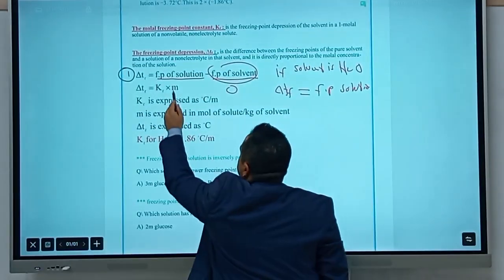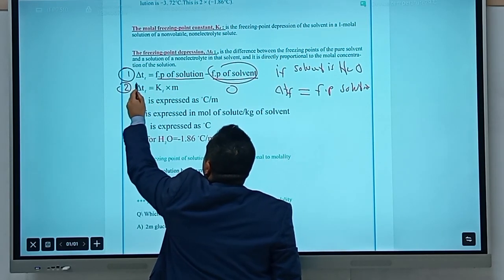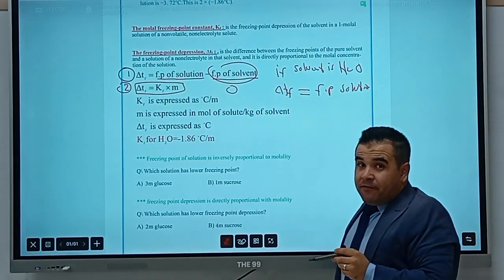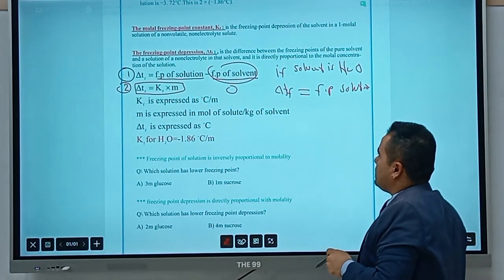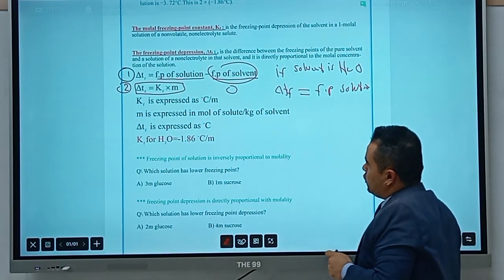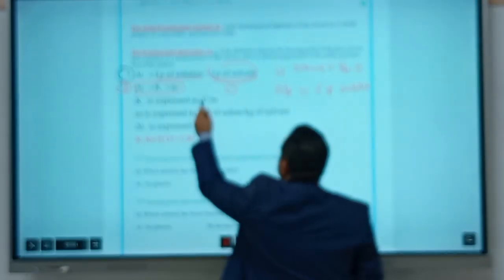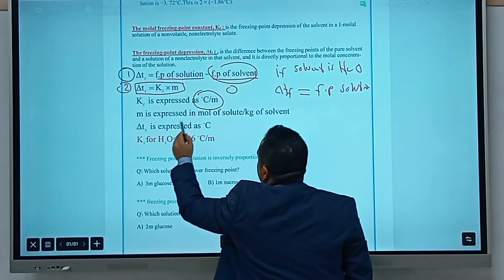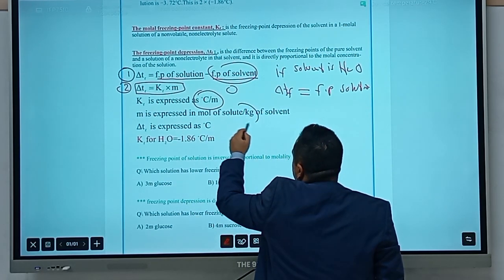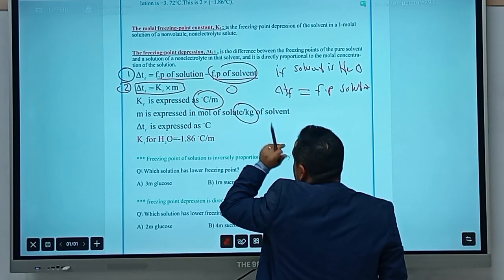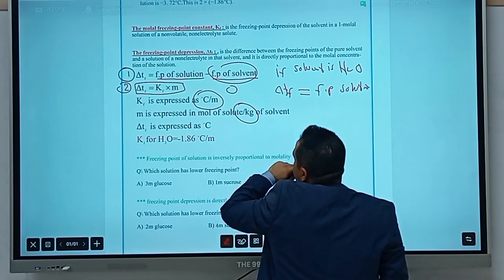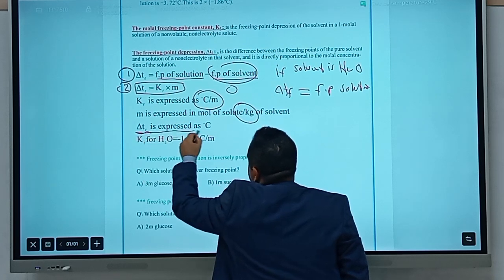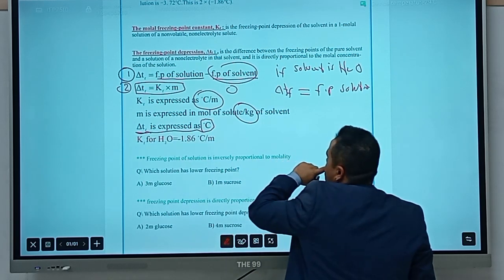The second equation, guys: delta TF equals Kf multiplied by molality. Kf, which is the molar freezing point constant, multiplied by the concentration. The Kf is expressed in Celsius per molal, and the m is expressed in moles of the solute per kilogram of solvent, the molality, and delta TF has a unit of Celsius.